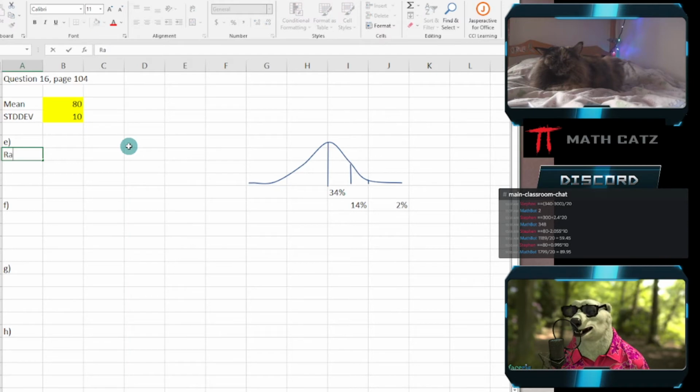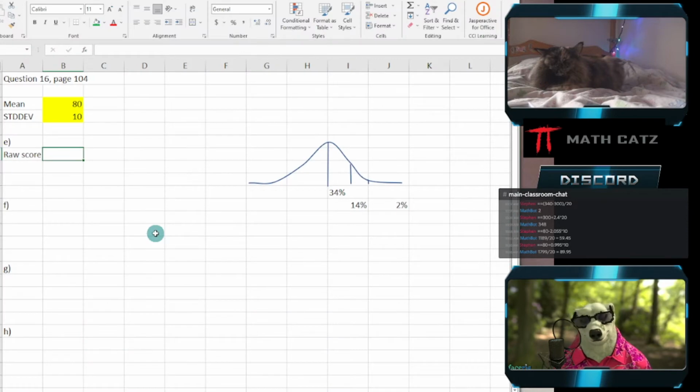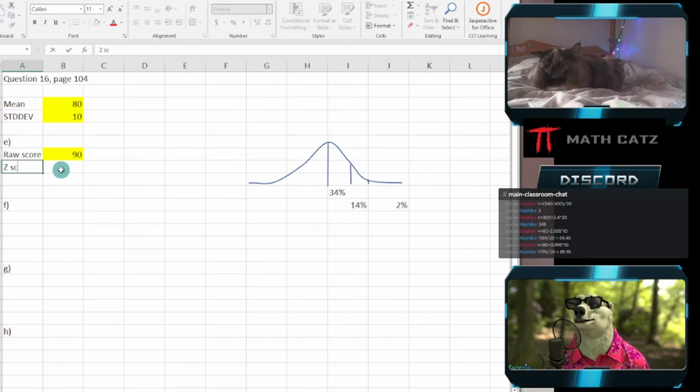Now I can do a raw score and then calculate the z-score. The raw score is input, 90. Then the corresponding z-score, we'll do a calculation there.